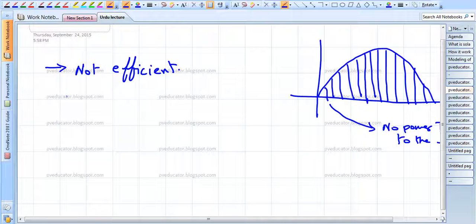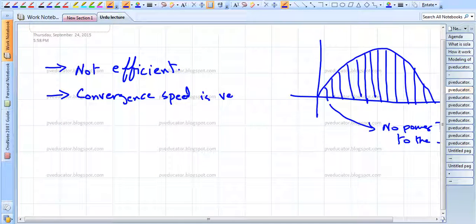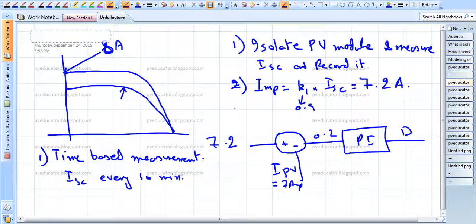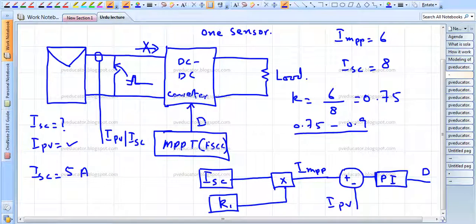However, it does have some advantages. The first advantage is that its convergence speed is very high. The moment it short circuits the photovoltaic module and records this value, this D will be very close to the operating point.